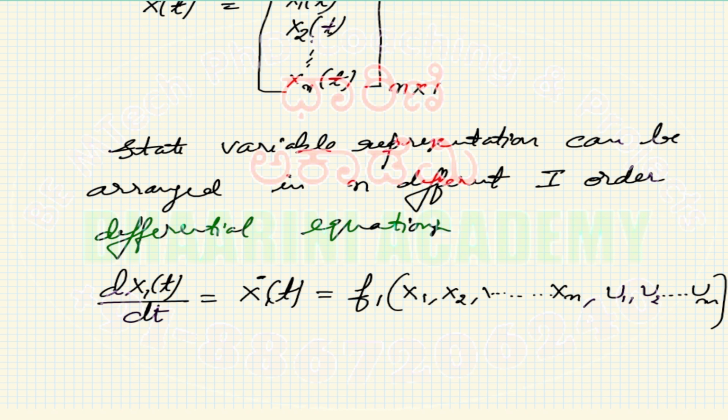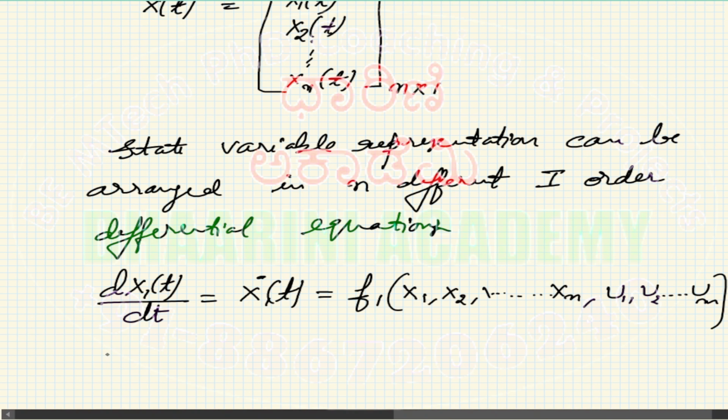But the extent to which each of the state variables x1 to xn and u1 to um changes a particular variable is different. So for that, I change something like this. x2 dot of t, which is dx2 of t by dt, is a different function.